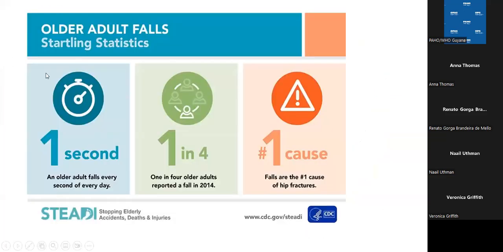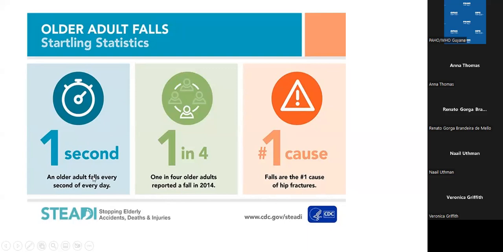Usually, a fall with fracture, especially femur fracture, is the start of the end, is the starting point of several years of low quality of life.